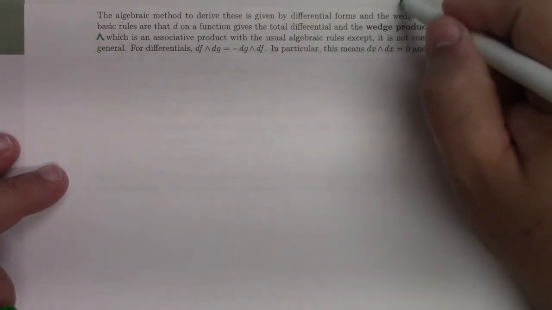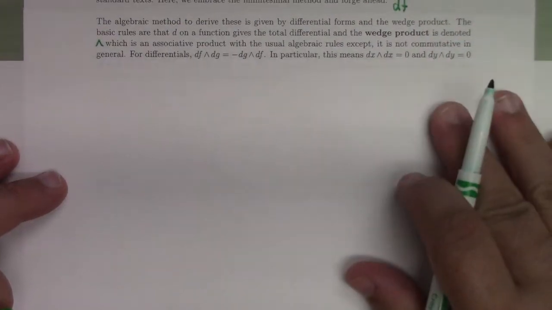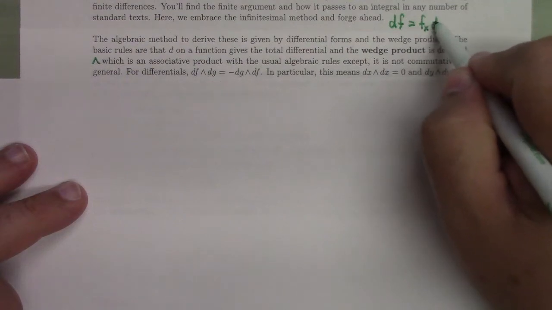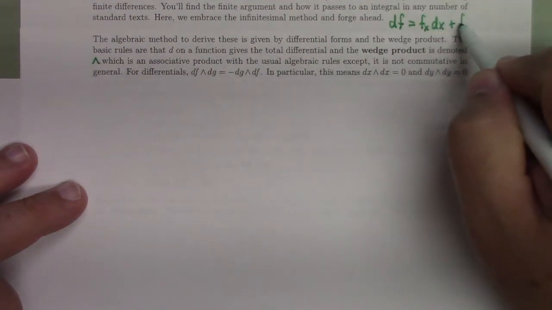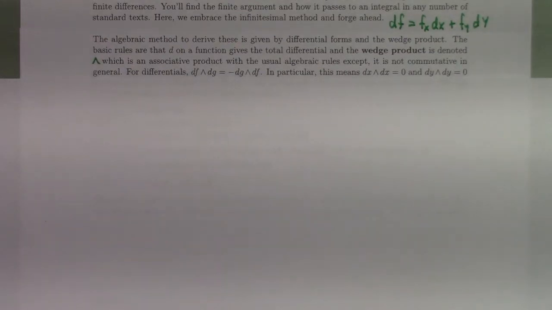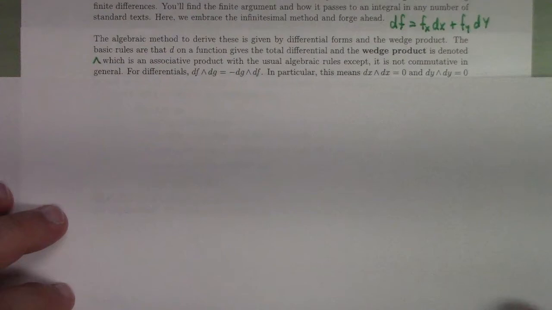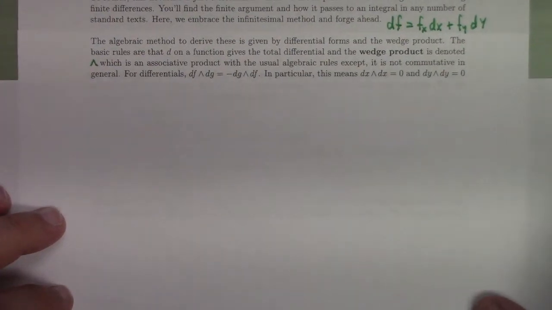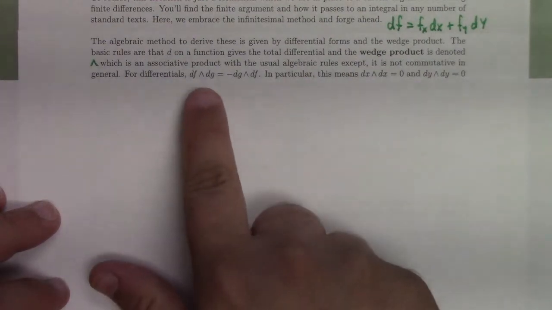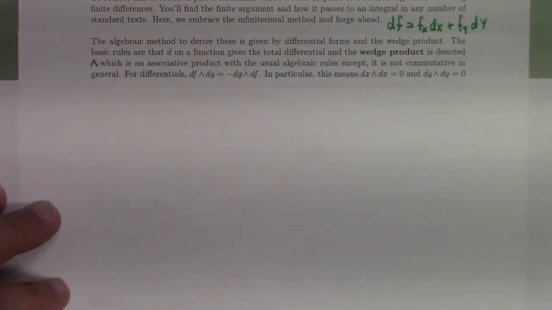Remember we defined for a two-dimensional function that df was fx dx plus fy dy, so same differential we talked about before. But now I'm suggesting that you can take two differentials, put them together, and form something called a two-form. And formally speaking, they satisfy this rule: df wedge dg is minus dg wedge df.